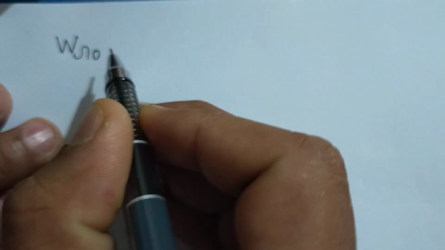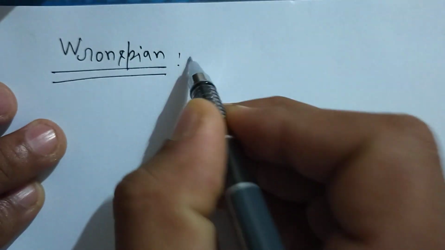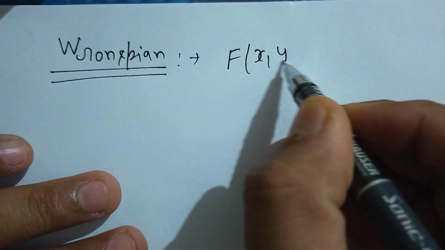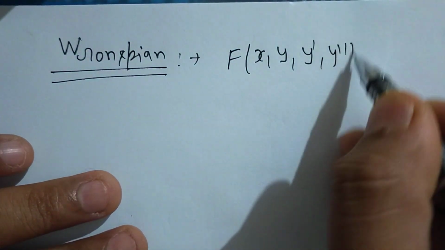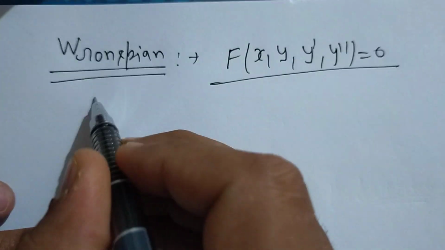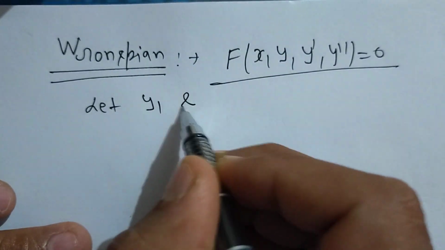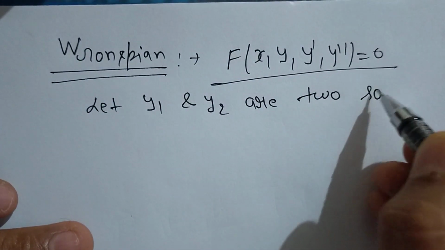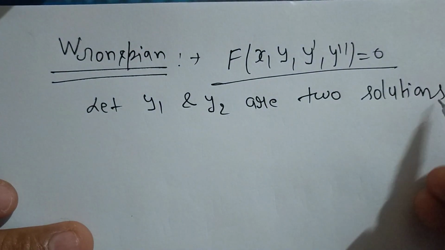Here we'll check dependent or independent solutions using the Wronskian. So we'll have one definition, the Wronskian. Let us have a second order differential equation f of x, y, y dash, y double dash equal to 0, and let y1 and y2 be two solutions.